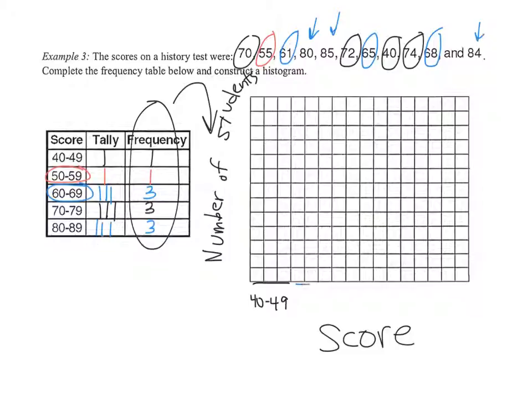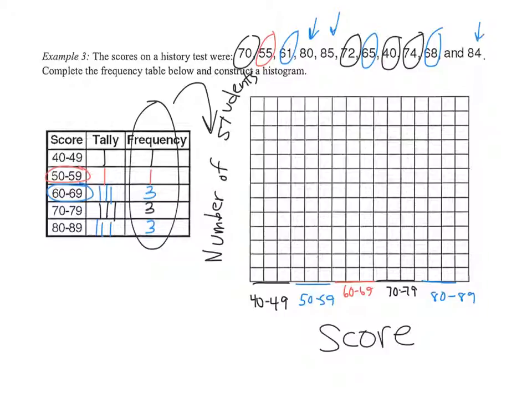And then 50 to 59 right here. Remember, the boxes have to be touching. And then 60 to 69. And then 70 to 79. Then 80 to 89.